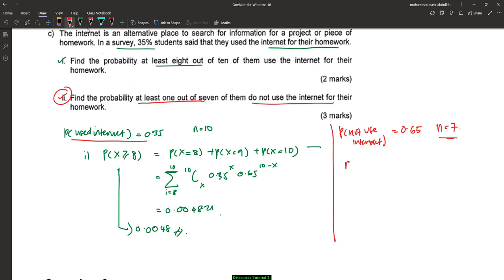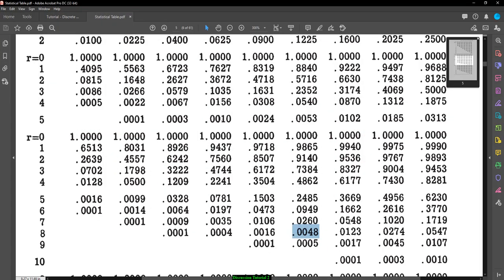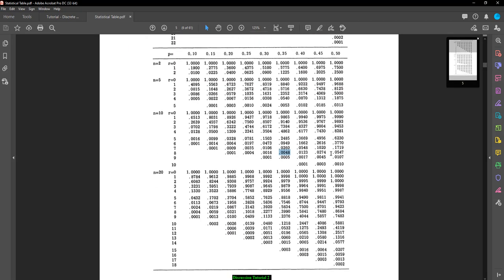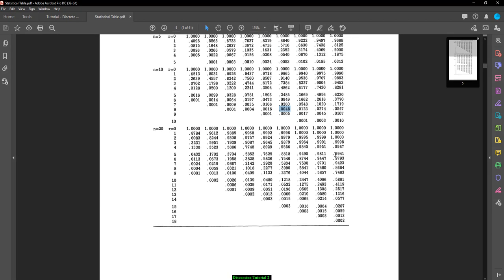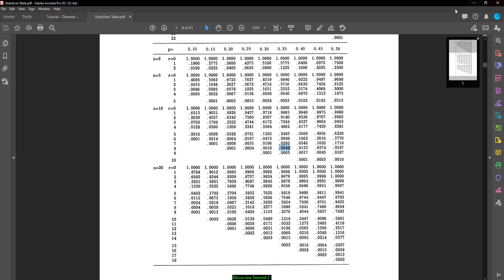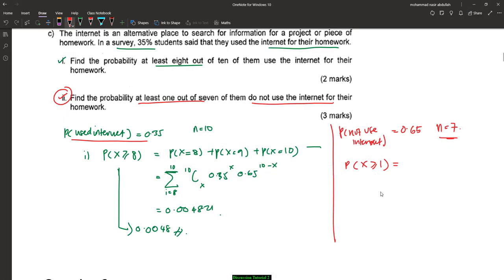So we want to find probability of at least 1, more than or equal to 1. Now if we want to calculate using the table, there is none, because the maximum value of probability in the binomial distribution table is 0.5, right? So you need to do a manual calculation.